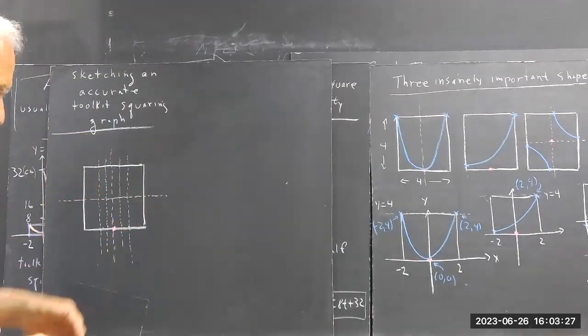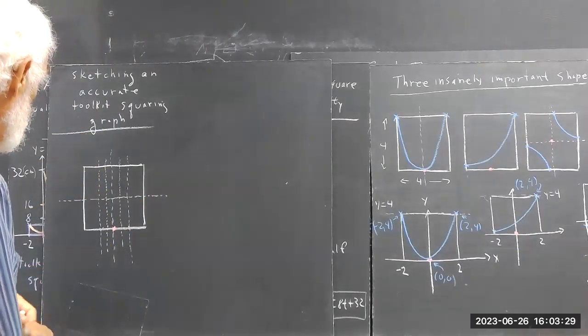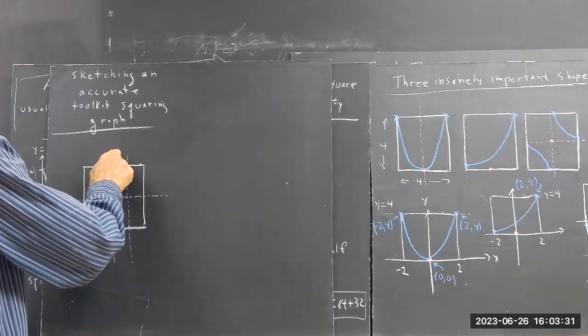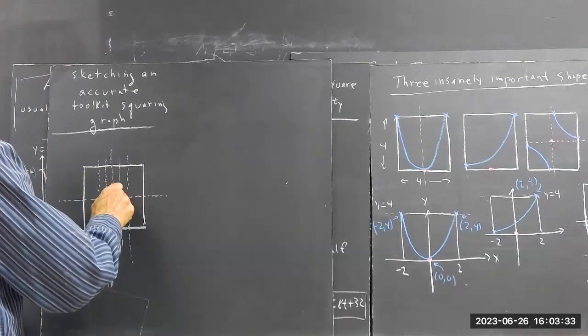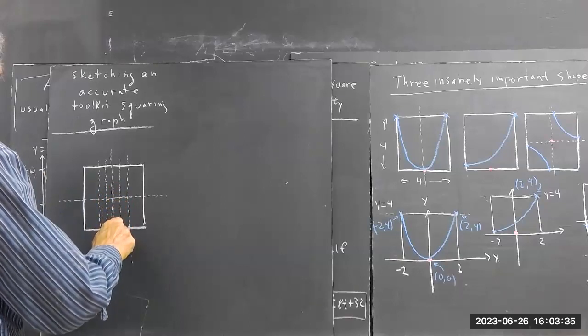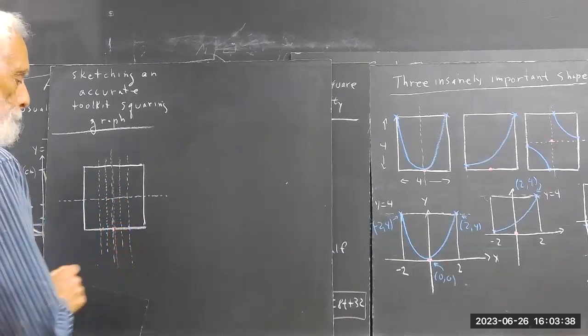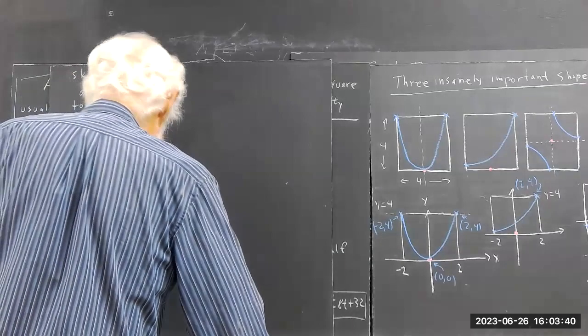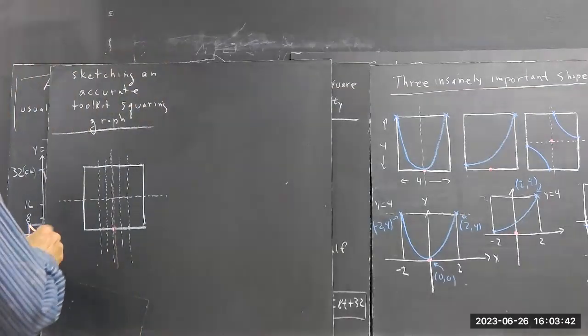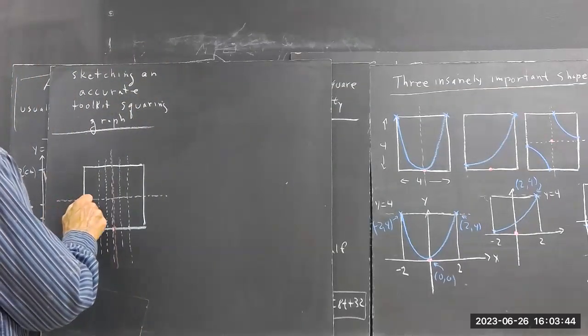This line and this line, and you know what I'm going to do? I'm going to make this line red, a little further over to the right.